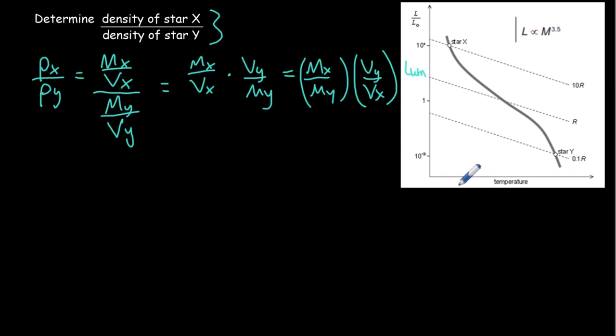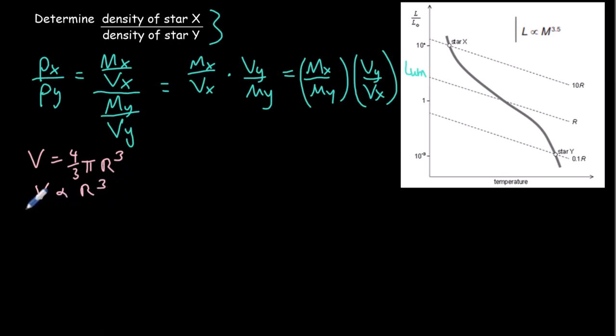So what we really need is relationships between luminosity and mass and radius and volume. That is, the volume of a star, if it's spherical, will be 4/3 pi r cubed. 4/3 pi is just a constant, so that means that volume is proportional to r cubed.